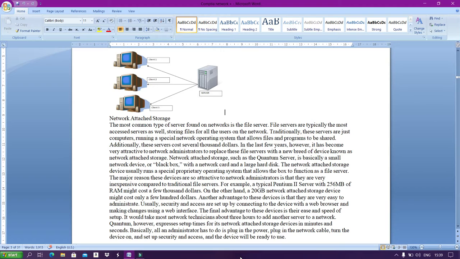It would take most network technicians about 3 hours to add another server to a network. Quantum, however, expresses setup times for its network attached storage device in minutes and seconds. Basically, all the administrator has to do is plug in the power, plug in the network cable, turn on the device, and set up security access, and the device is ready to use.